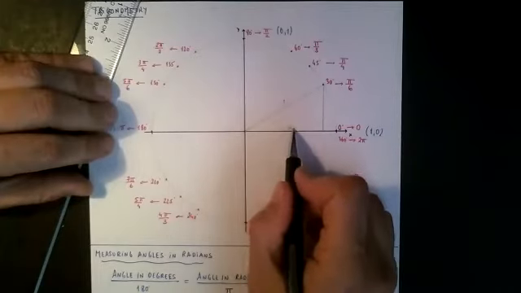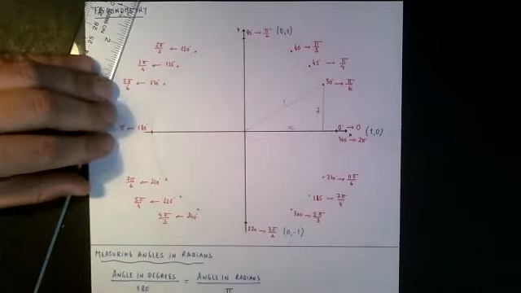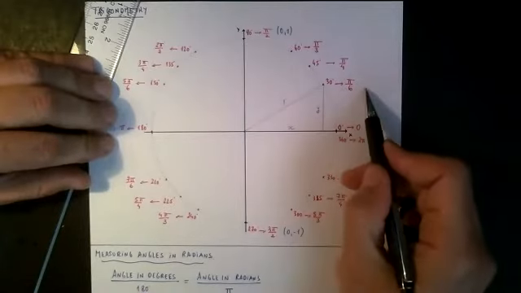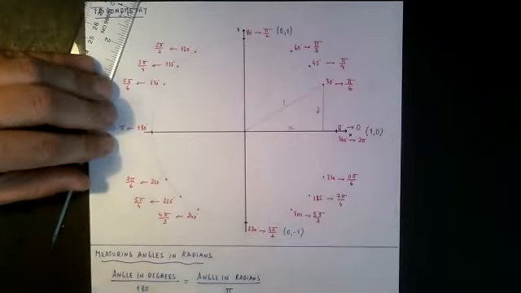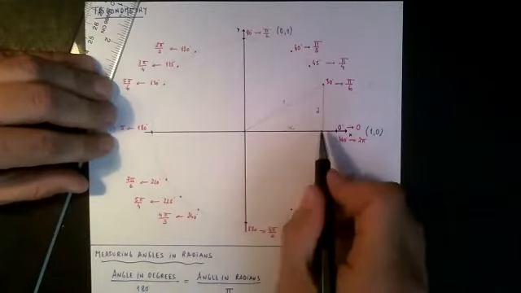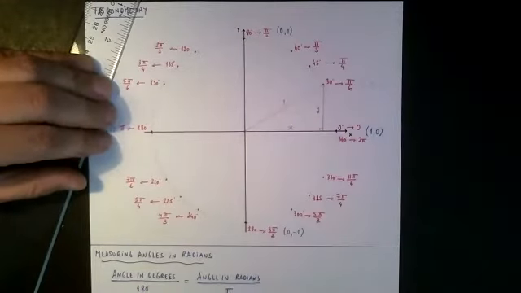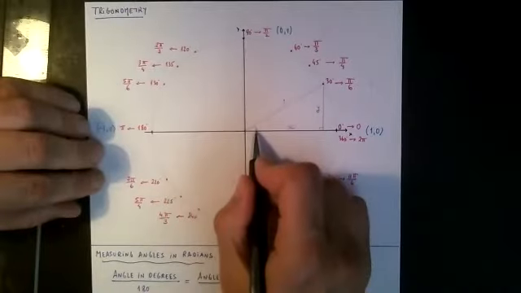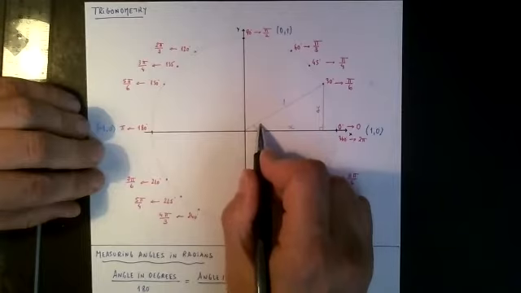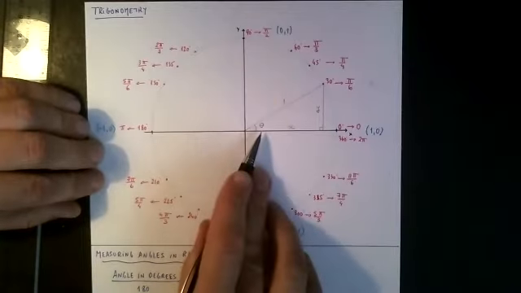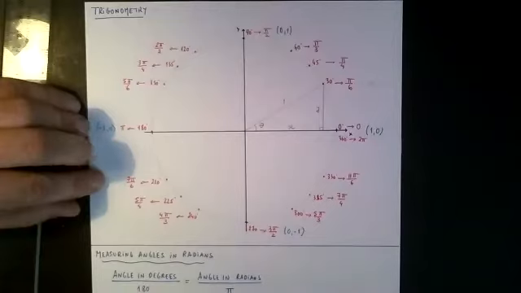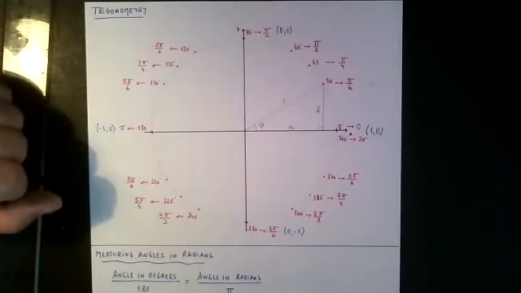This here is x, and this here is y. And that will give me the coordinates here, x, y. This is 90 degrees. Right? We're good with this? Questions? And this, of course, is the angle theta, which in our case is pi over 6, or 30 degrees. Any questions?